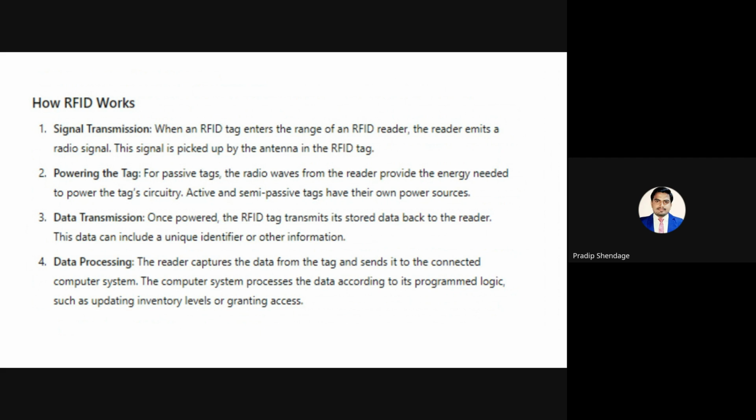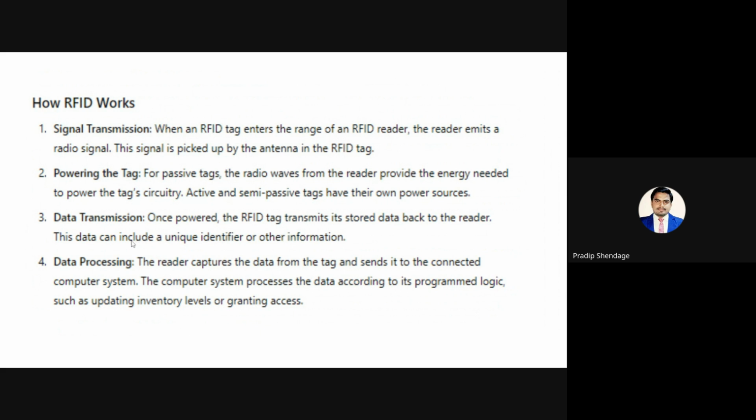Active tags require power or battery supply at all times, but passive tags don't need a battery. They are charged by the radio signal sent by the antenna and recharge themselves through the signals. Then once powered, the tag transmits whatever data is stored, and it is sent back to the readers.